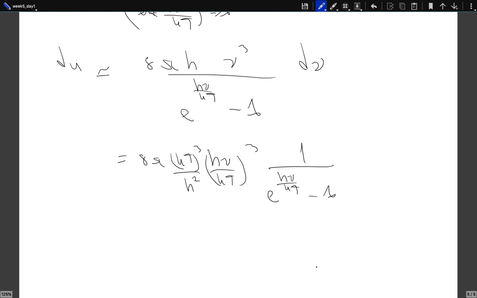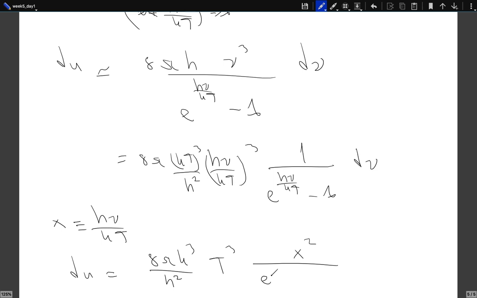Well, nu appears here. I just rewrote the prefactor nu in the same combination, so that I can write this in terms of a single parameter, x equals h nu over kT. So du is equal to 8 pi k cubed over h squared T cubed, x cubed divided by e to the power x minus 1.